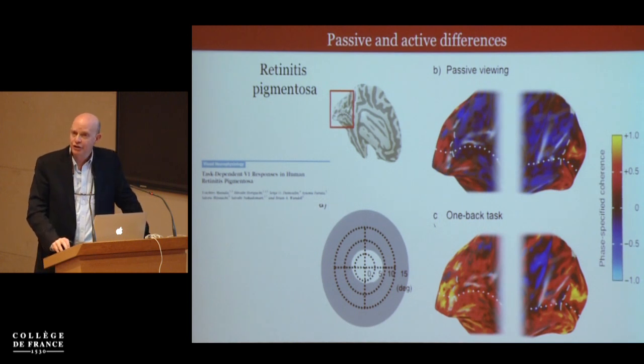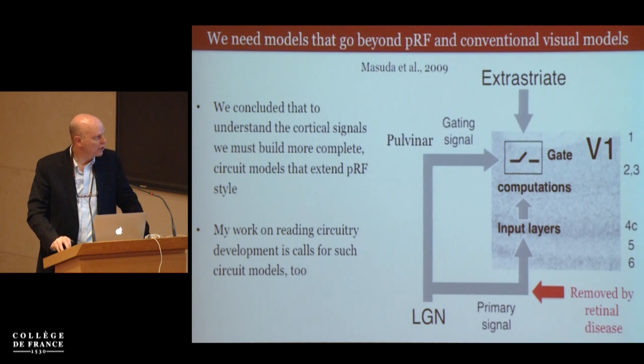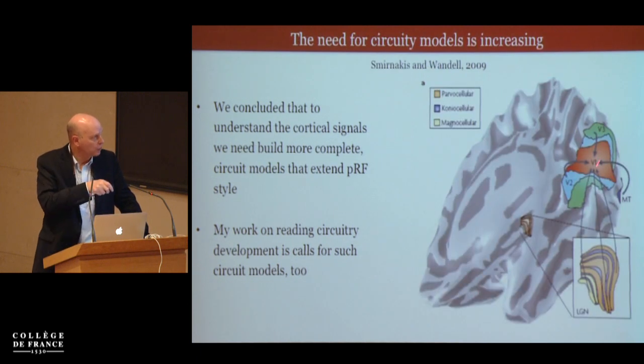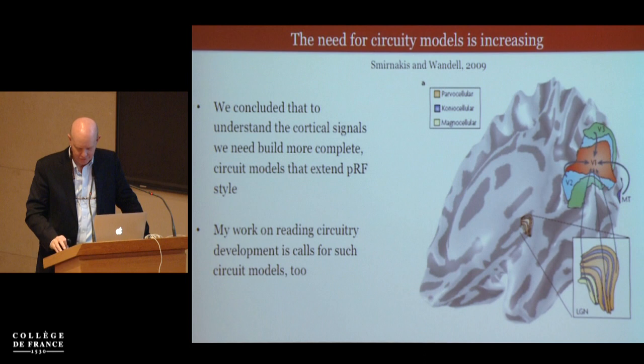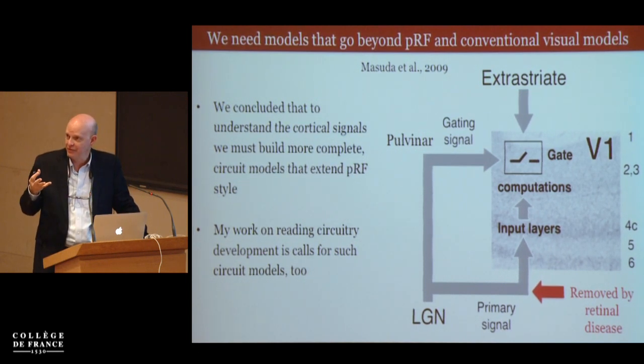So what we learned from that is that in passive viewing, nothing had changed, and that kind of made us think that if we were to tell a story about it, the feed-forward projections from the lateral geniculate nucleus into here probably hadn't changed very much. But there's all kinds of projections that come into V1, not just the feed forward from the lateral geniculate. There's the extrastriate feedback. Stuff comes in from the pulvinar. I mean, it's a whole system over there.